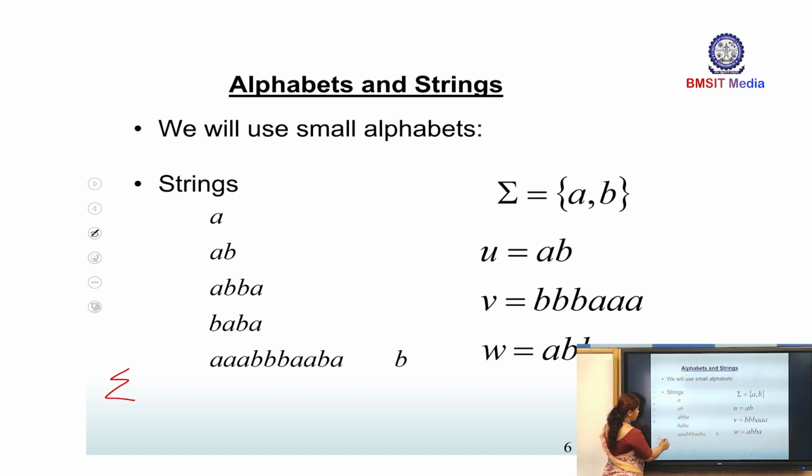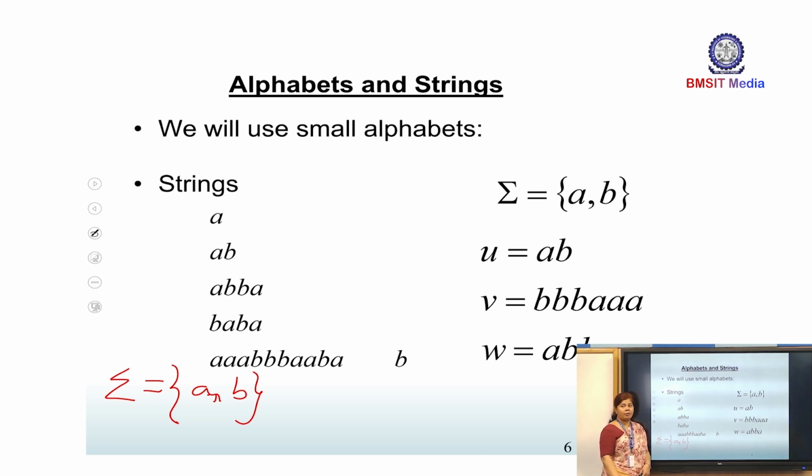All the symbols which you are going to use in your entire operations of automata are called the alphabet. Usually you define the alphabet as a set of non-empty elements, and these elements can be a, b, or 0, 1, or anything like that.